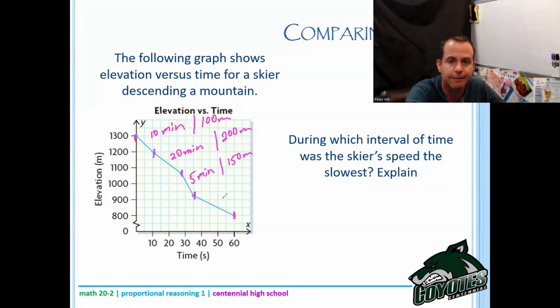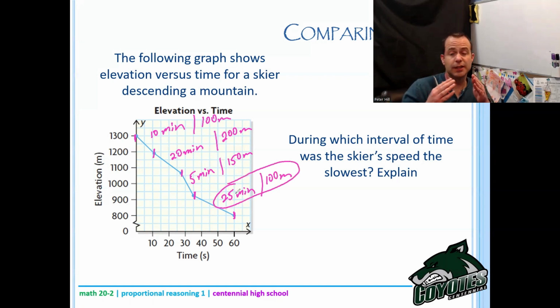And then here, take a look at this last guy. I've got 25 minutes have passed and I only went about 100 meters, okay? So when I see this guy right here, I'm thinking, oh, I've actually taken a really long time to go overall a less amount of distance.